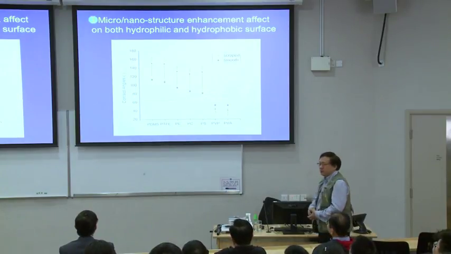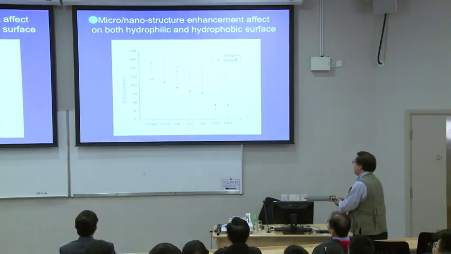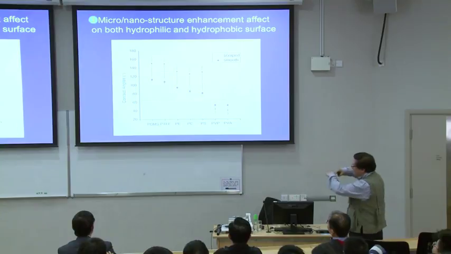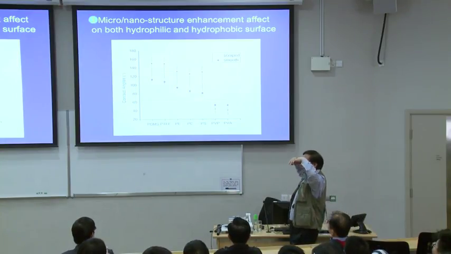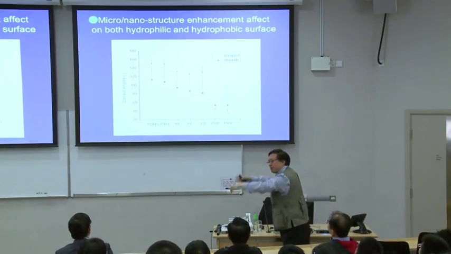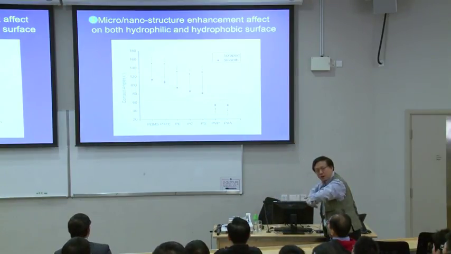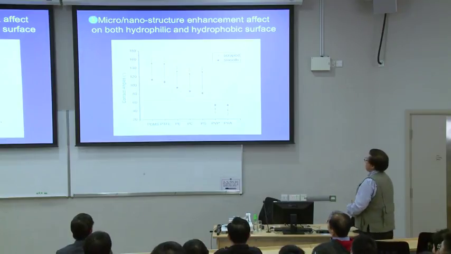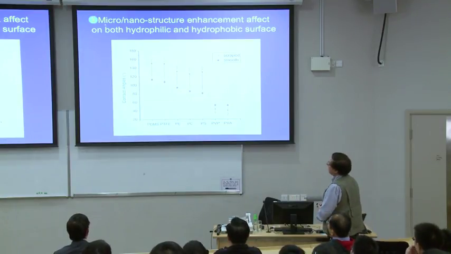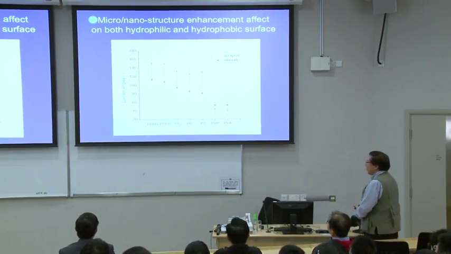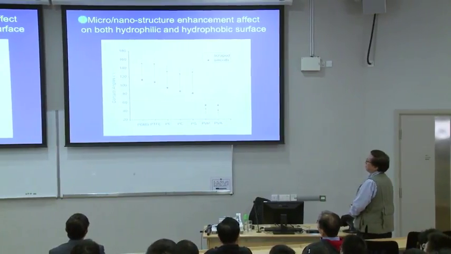And then we tried many polymers, many kinds, PDMS and PVA, and we found something here: around 65 degrees. Above 65, the enhancement makes it more hydrophobic, and lower than 65, the enhancement makes it more hydrophilic. So what does this mean? The third law is that the micro-nanostructure has an enhancement effect on both hydrophilicity and hydrophobicity. And what is the physical chemistry meaning of the 65?